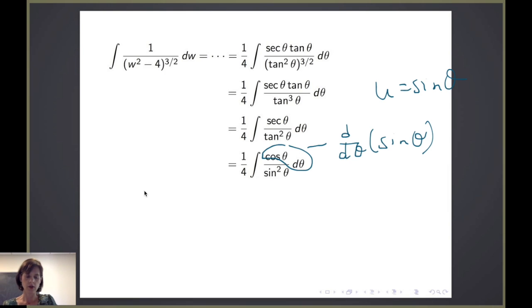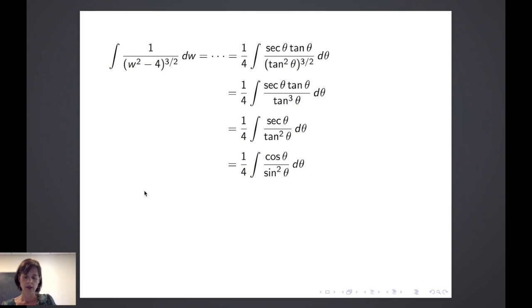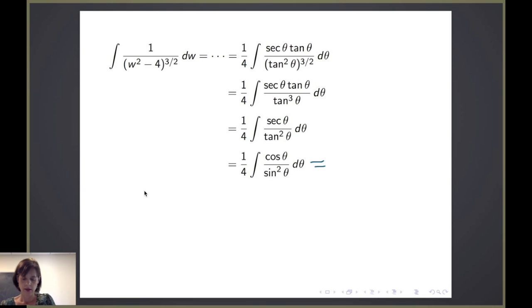Or I could also see that this is the same thing as 1/4 times the integral of the cosine of theta over the sine of theta times 1 over sine of theta, d theta.